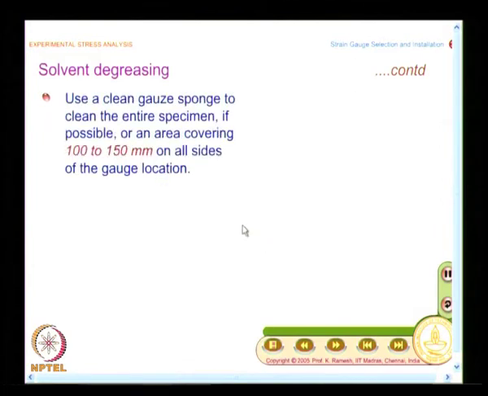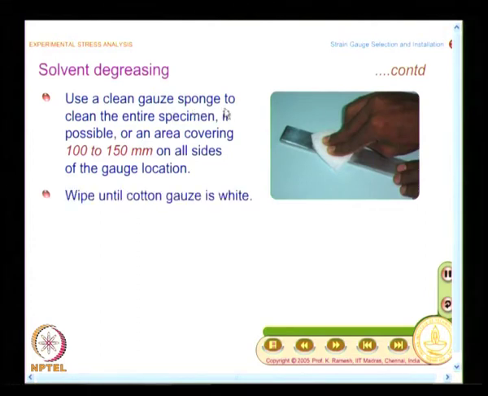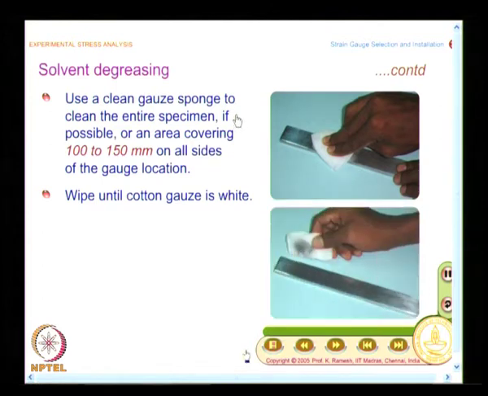And I said that you should use a sufficient amount of consumables. You should not be stingy in that, because your focus is to save the strain gauge, which is expensive. And I have this, and then I clean it with a gauze sponge, and you will be surprised to see the surface was looking all right, but when I see the gauze sponge, I see that as black.